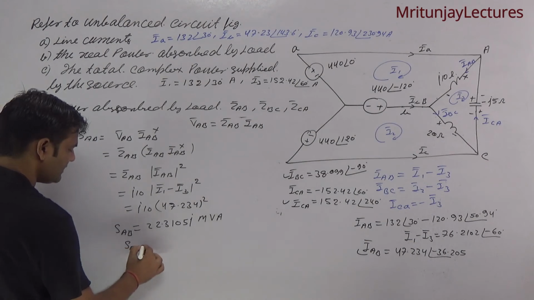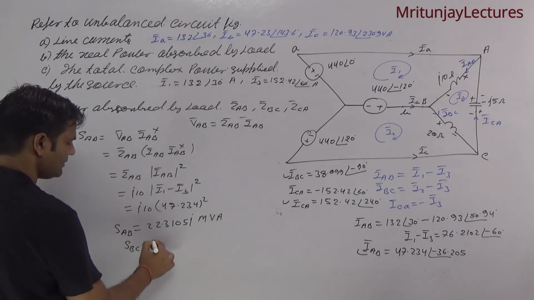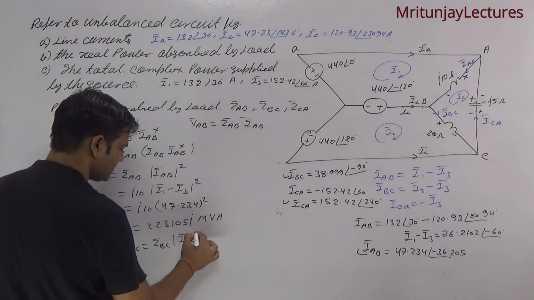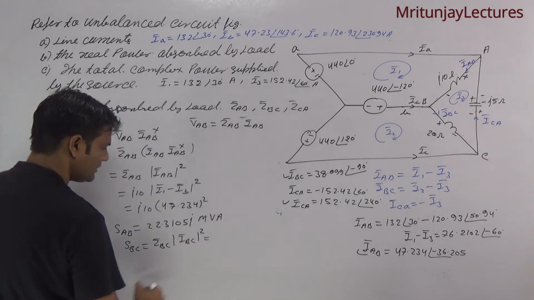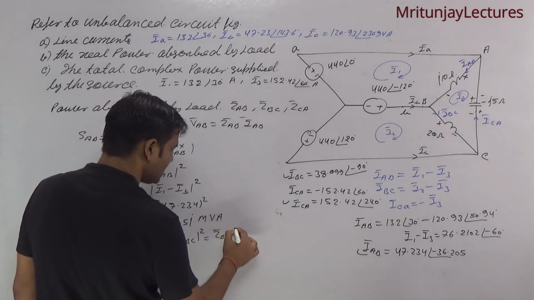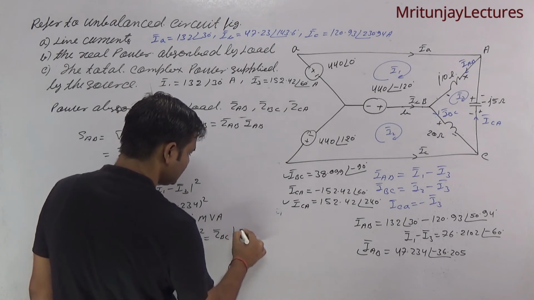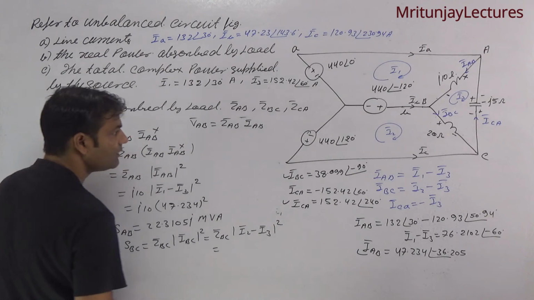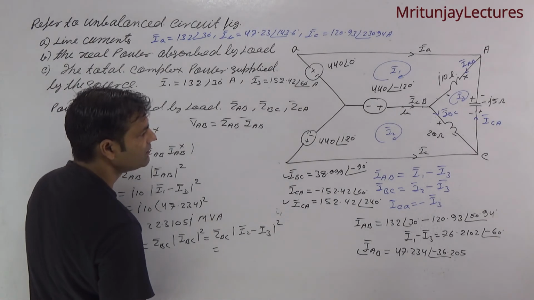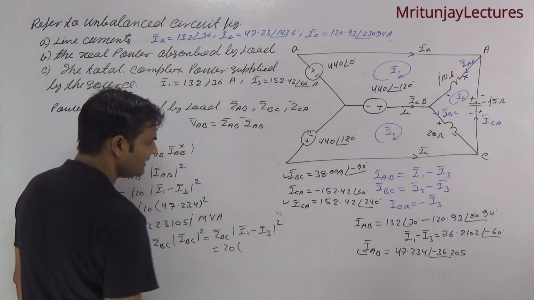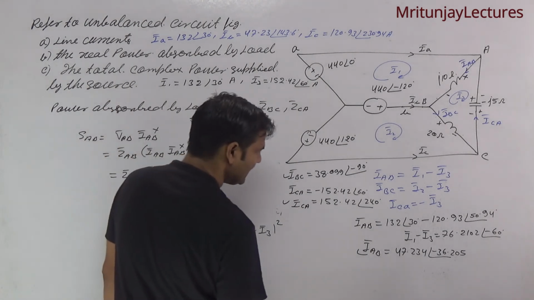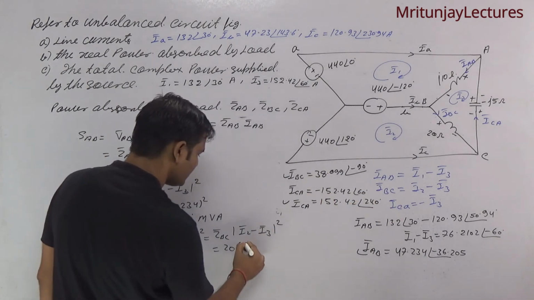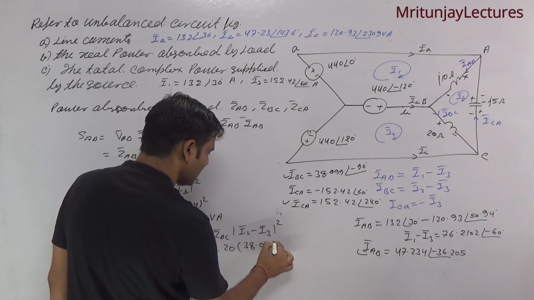Similarly, S of BC is written as, finally, if you have any doubt then tell me, Z of BC into mod of I of BC to the whole square. I of BC means I2 minus I3, mod of I2 minus I3 to the whole square. What about Z of BC? 20. I2 minus I3 is BC, which is 38.099 to the whole square.